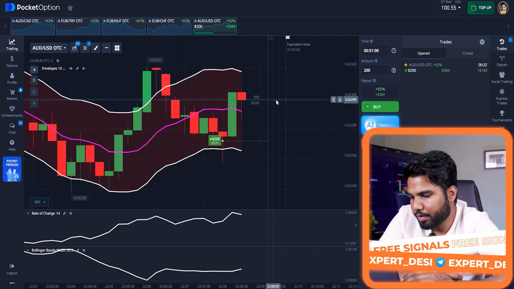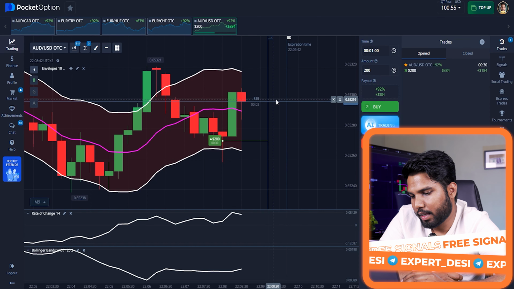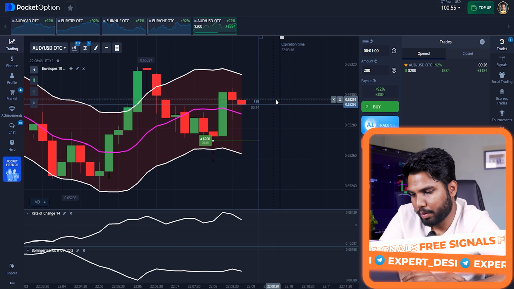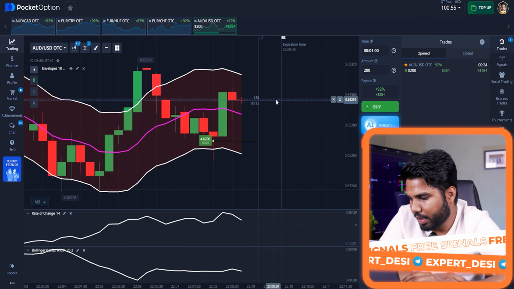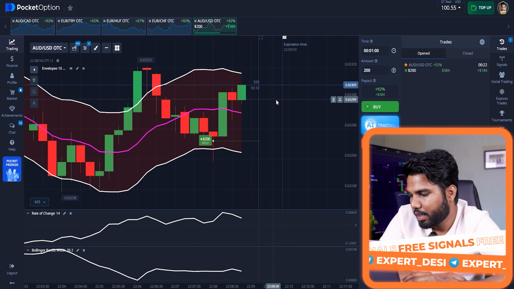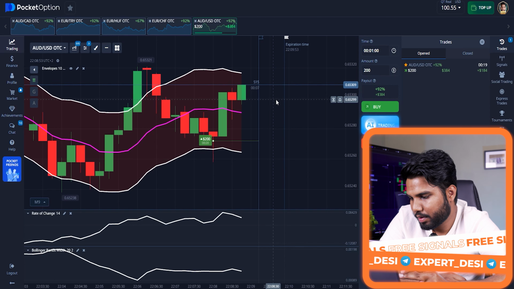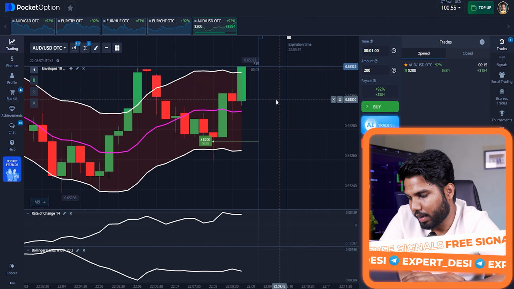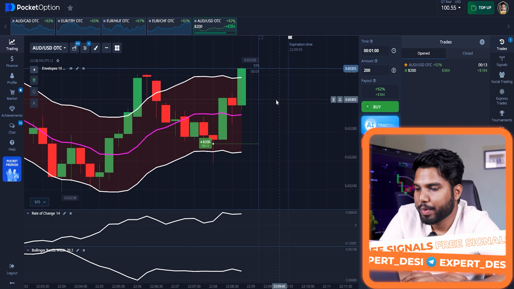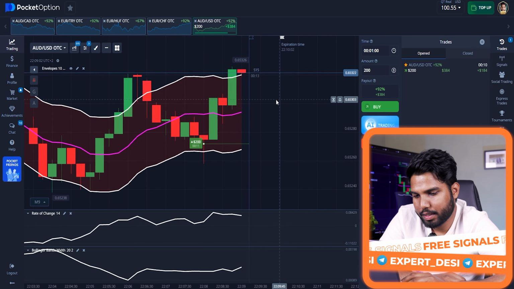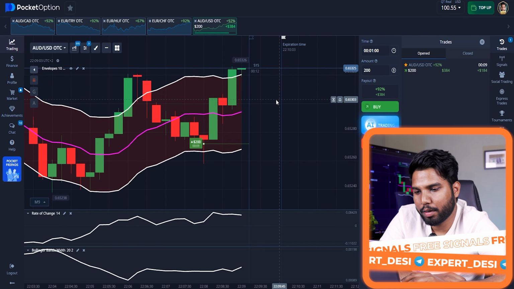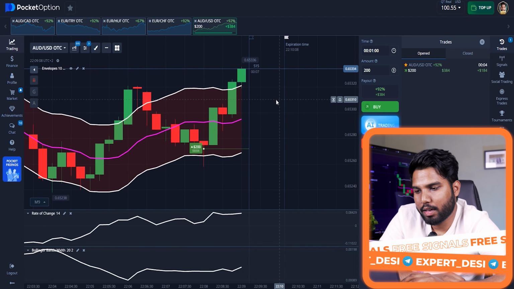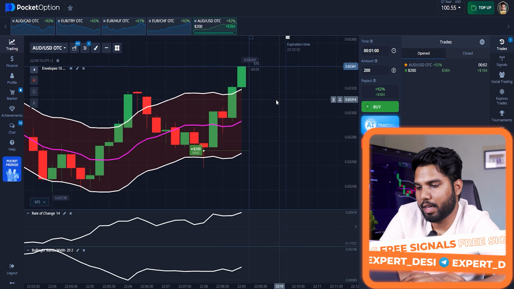We could see that the rate of change was very high at the extreme point. It means there was a correction to be done in the market, and we can see the momentum or the volatility using the Bollinger Bands indicator. So all of them confirmed that the market should go up. There should be a correction. So we placed a buy trade here in this case.